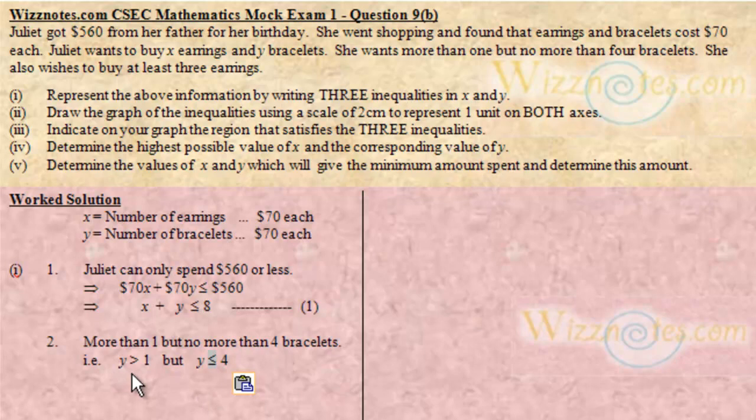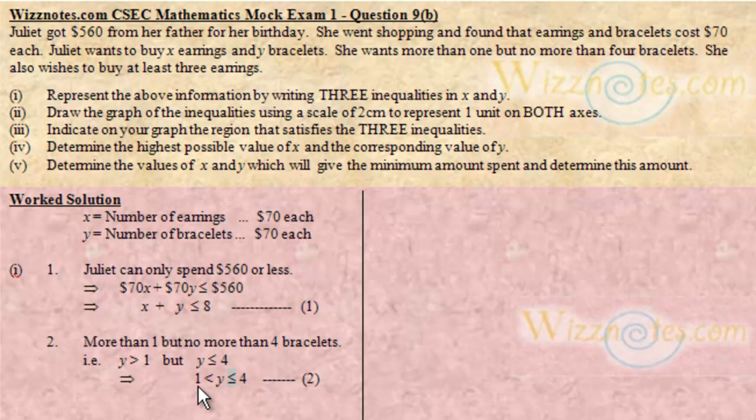Since this is a range, numbers greater than 1 but less than or equal to 4 fall in an interval, and we can represent an interval in inequality by combining those two inequalities, because you can be greater than 1 and less than or equal to 4 at the same time.